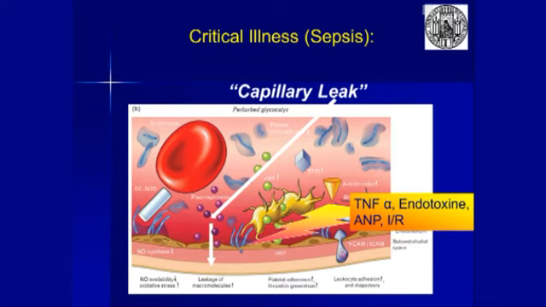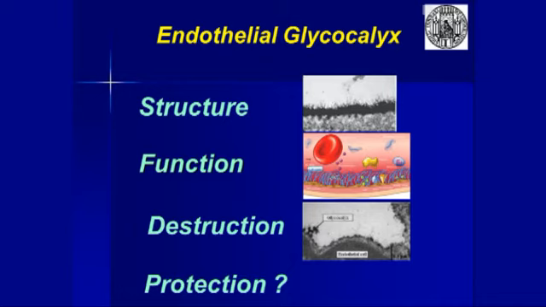The result of this damage is a breakdown of the vascular barrier and consequently a major capillary leakage. To conclude, it seems to be important to develop strategies for the protection of this important structure in the circulation.